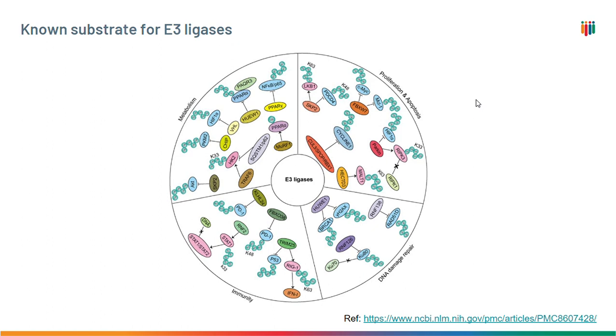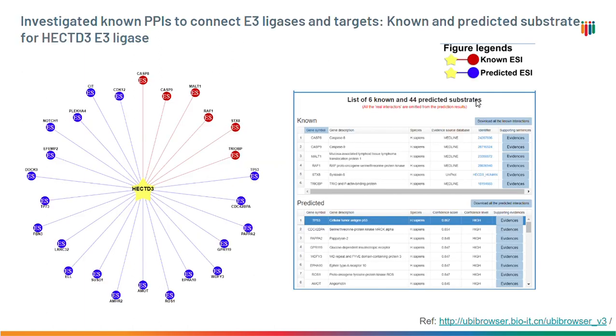Now after collecting this information, we have to look at the E3 ligase and substrate interaction, basically finding the protein-protein interaction. To find it, we used a couple of databases: UbiBrowser, BioGRID, and STRING, to look for the protein-protein interaction between E3 ligase and substrate, and to find the known and predicted substrates for a couple of E3 ligases. This is an example of UbiBrowser.